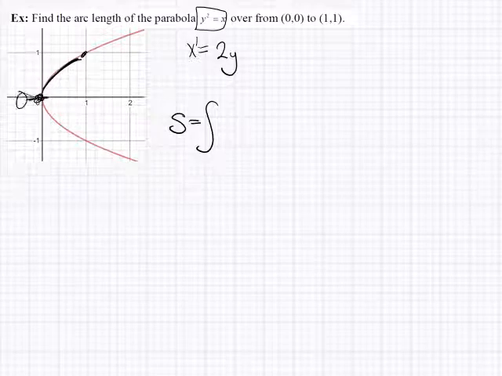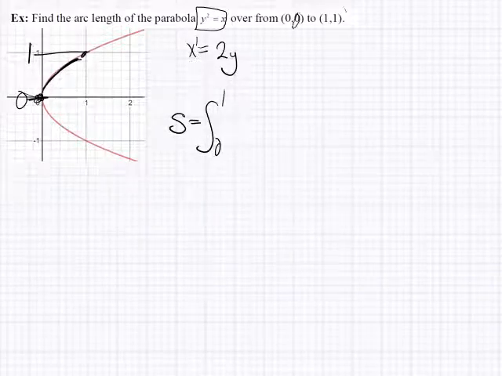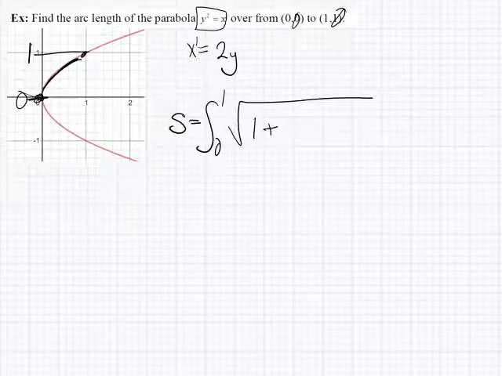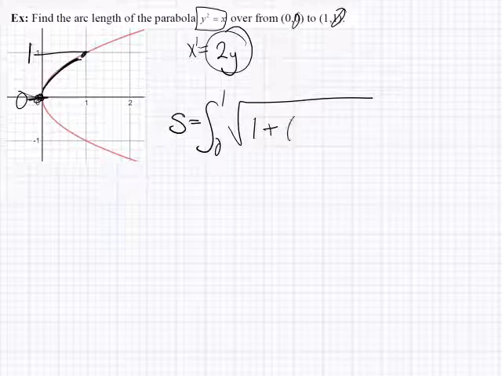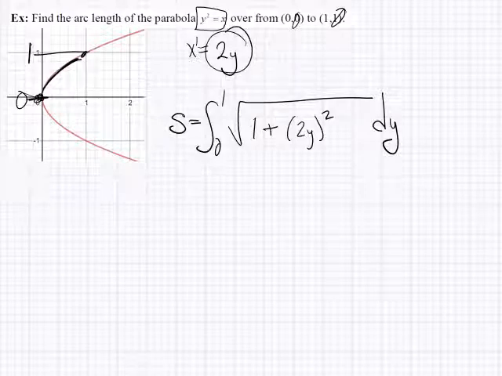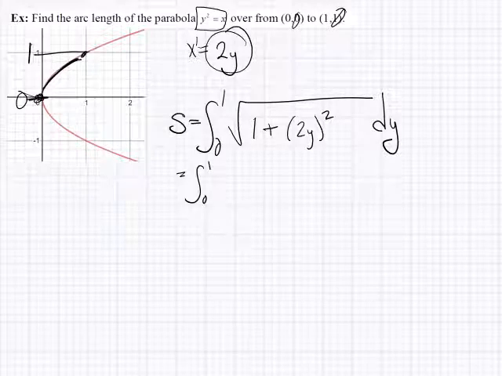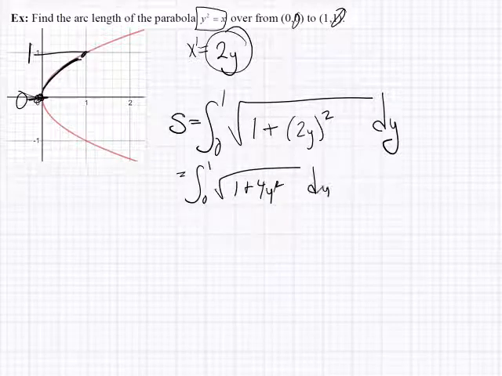We're going from a y value of 0 to a y value of 1. So that's the integral on y. And we have the square root of 1 plus the derivative squared dy. And you see what we end up with is the integral of 0 to 1 of the square root of 1 plus 4y squared dy.